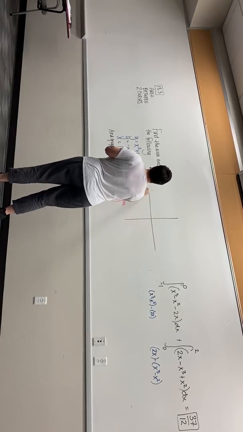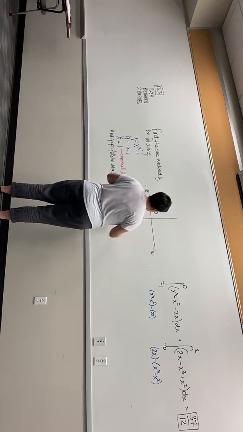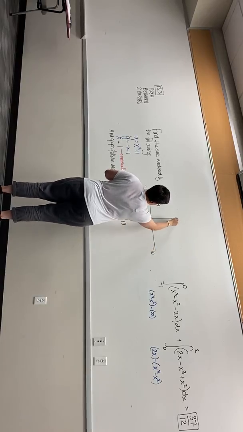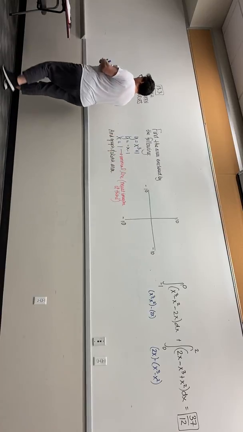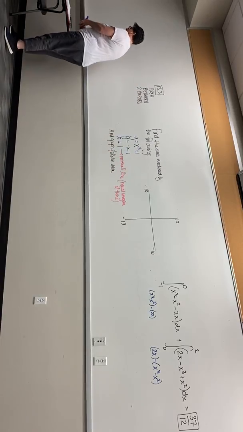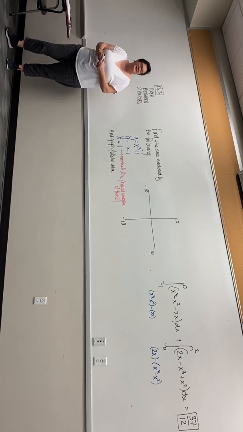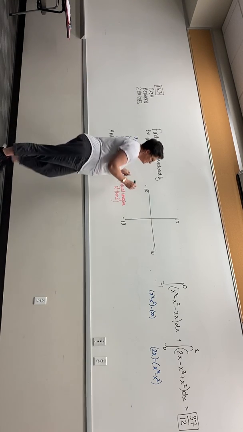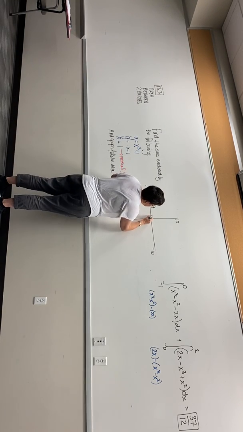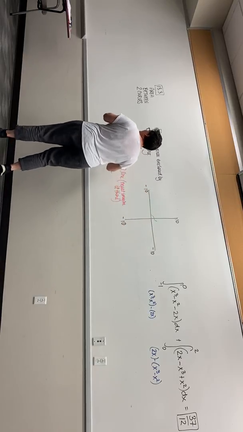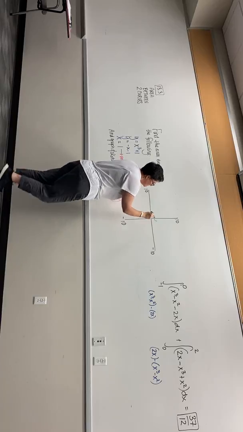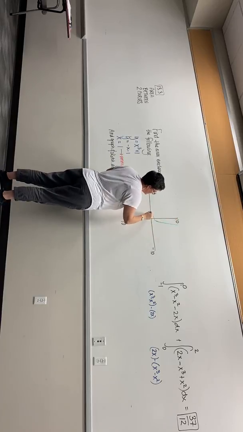So just for giggles, we can make it negative 10 to 10, negative 10 to 10, and that's where we start out as default, right? It's going to be really, really tiny. Probably going to look like that.